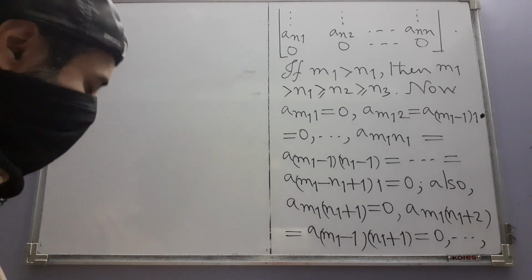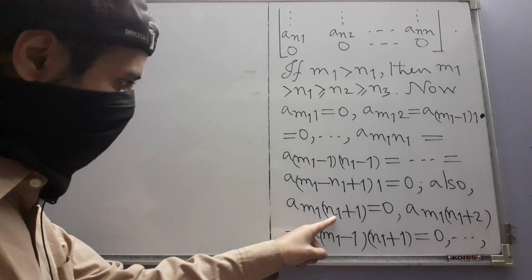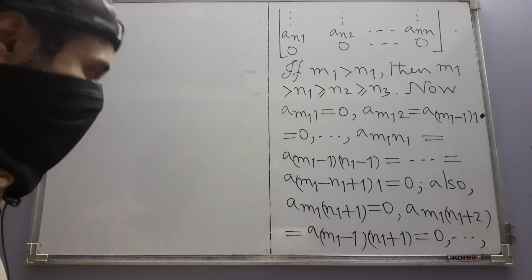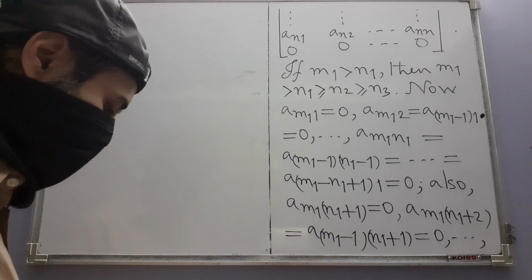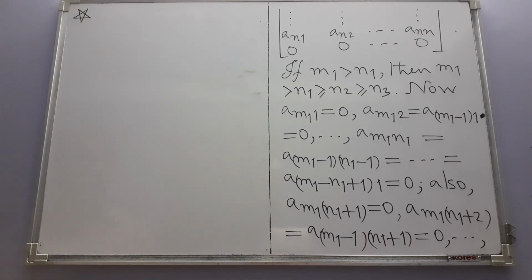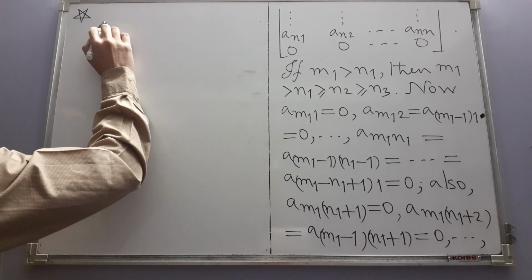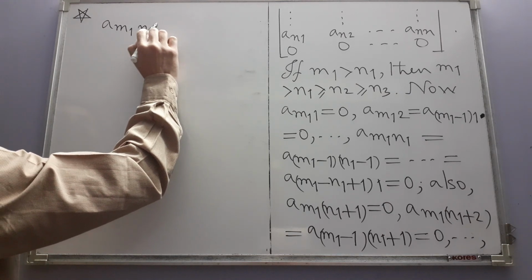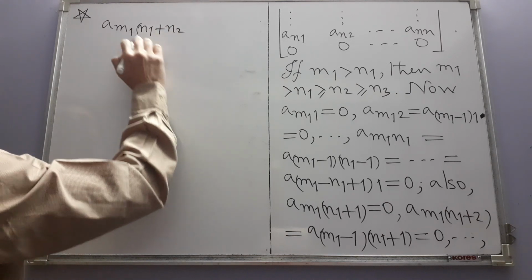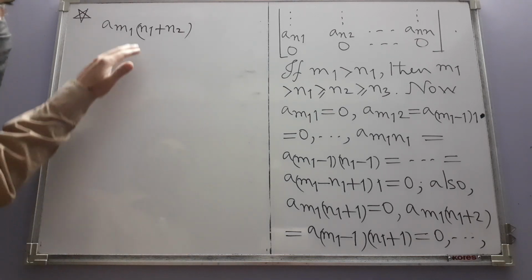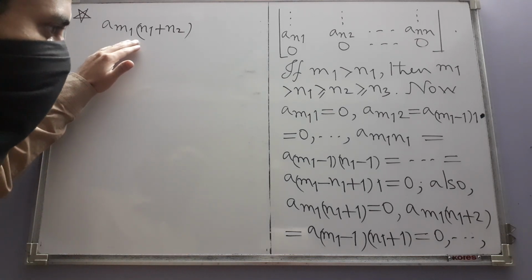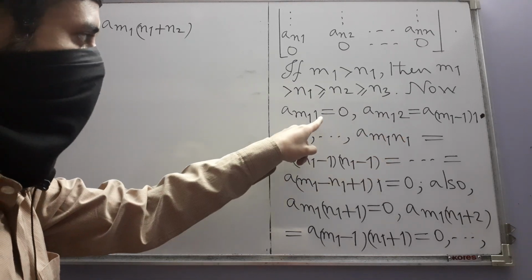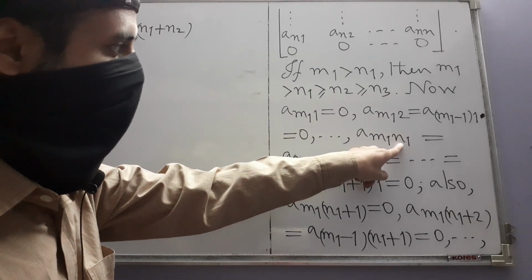So in the second half of our calculation, we start with the second index n1 plus 1, and we are going like this. And eventually, we reach m1, n1 plus n2. This is like this one. Okay, starting from 1 you eventually reached n1.